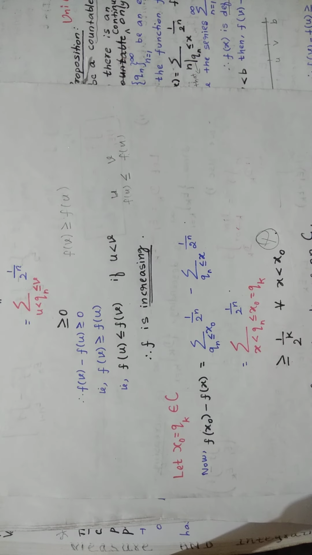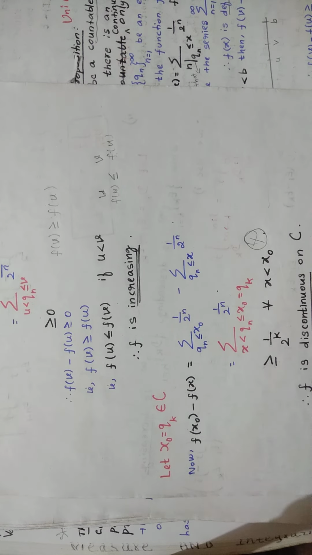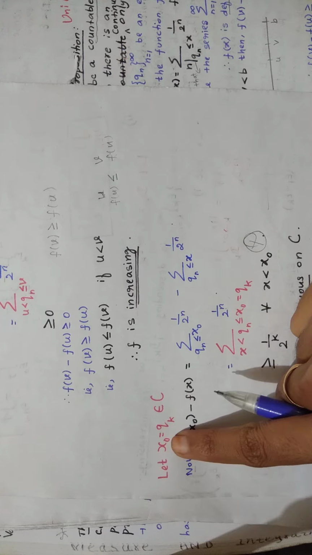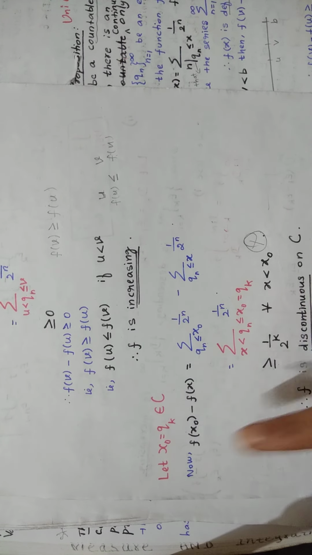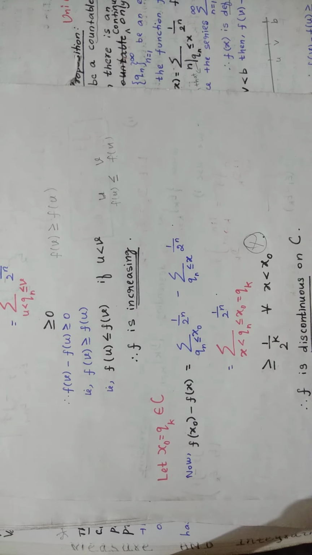Then our intention is to say f is discontinuous on C. To say that you are taking a point x naught equal to qk that belongs to C. That is how you are taking. Your intention is to say f is discontinuous at x naught on C.